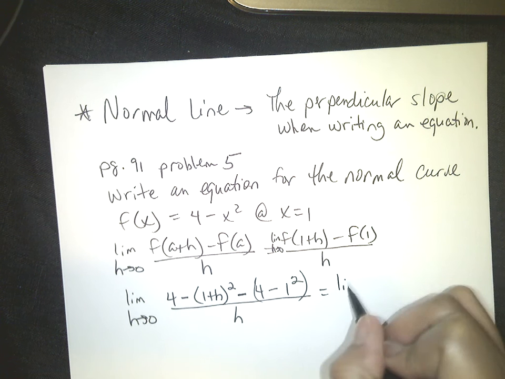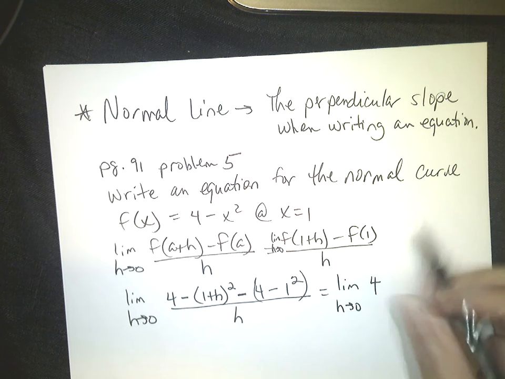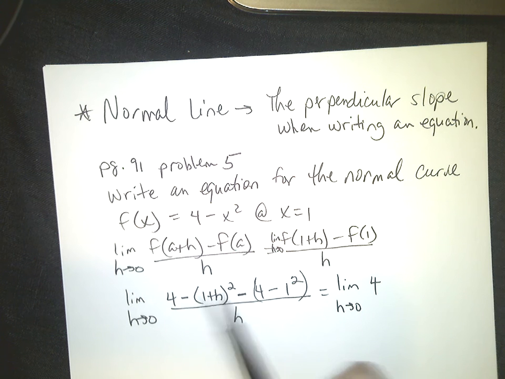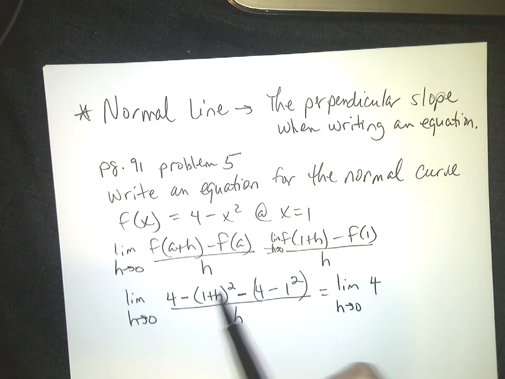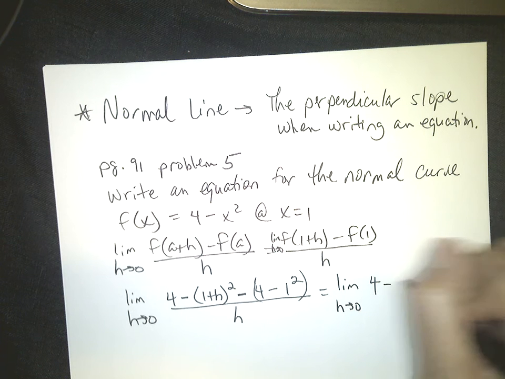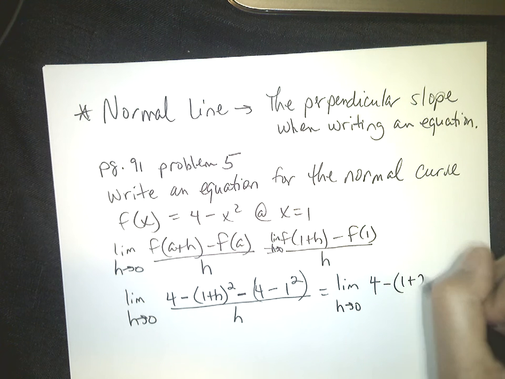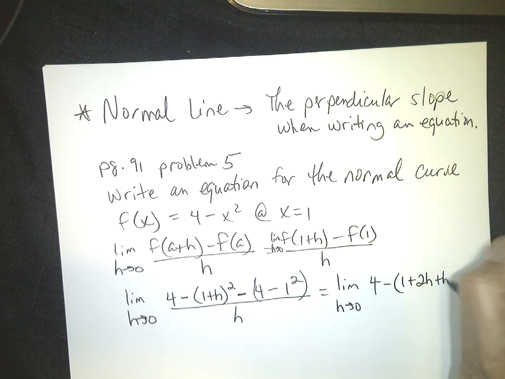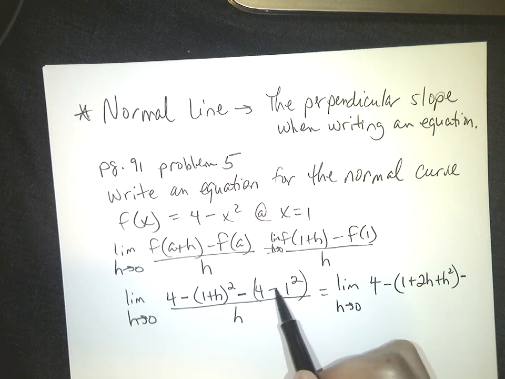All right, so then we have the limit as h approaches 0. Bring over my 4. And then I'm going to multiply this out first, then take the opposite. That's what this means. You have to do order of operations. So I'm going to put minus, and multiply this out first. So this will be 1 plus 2h plus h squared, minus, again, don't change the formula, and then you work this out. 4 minus 1 squared.